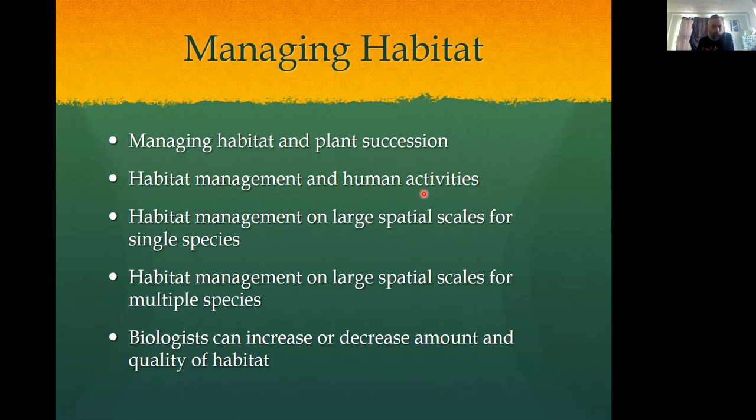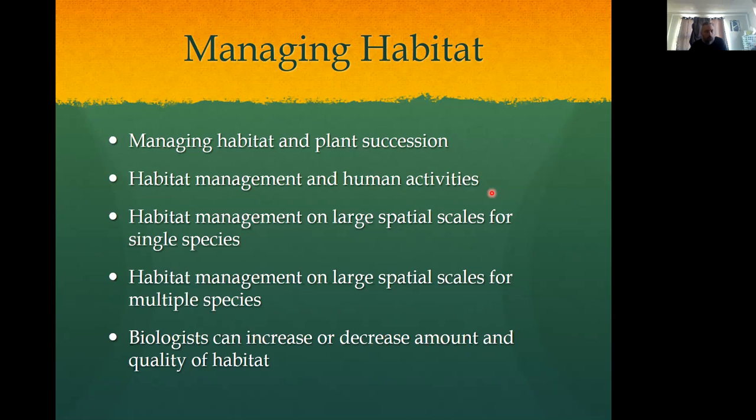building a subdivision, right? Or taking out a road, or even something, we talk about, managing for what we might consider to be low impact kinds of human behaviors: hiking, camping, fishing. Any human use of a wild area will affect the quality of a habitat.